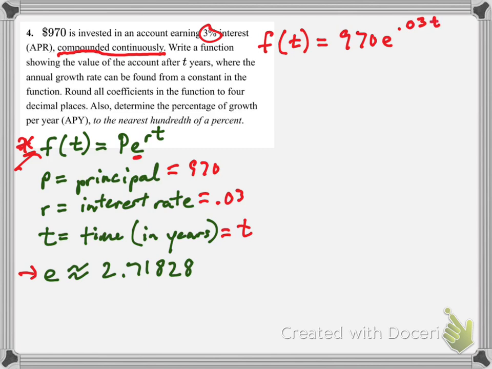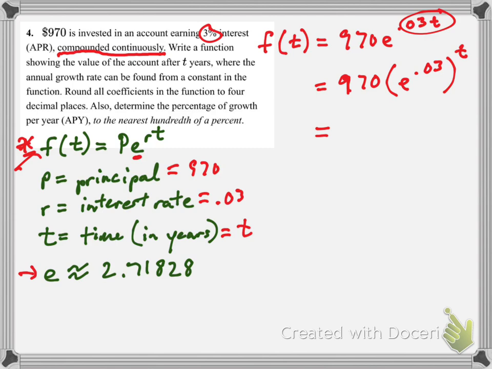Now, remember how we had to rip this apart? We got to do that again. So this is 970 times e to the 0.03 power to the t. So e to the 0.03 power. Okay?